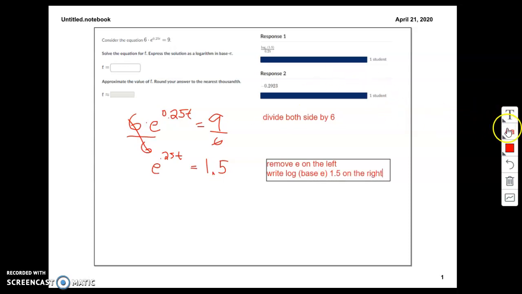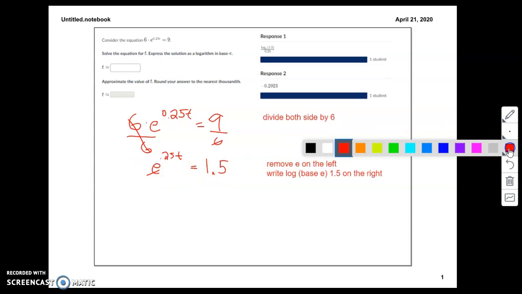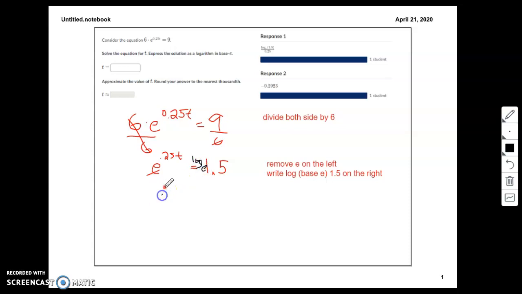You said, I'm going to get rid of this e, and write over here, I need another color, log with a base of e. So 0.25 T is equal to log base e of 1.5. That's correct. That's how you would do it.